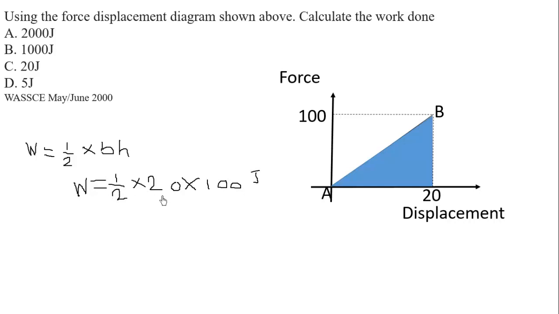We know that half of 20 is 10, then 10 times 100 will be equal to 1000 joules. Therefore, the work done is 1000 joules. Hence, the correct answer is option B.